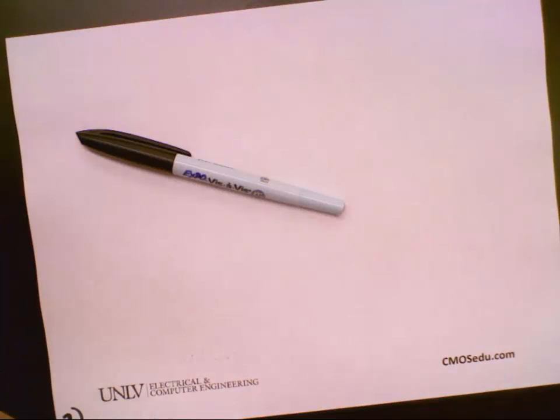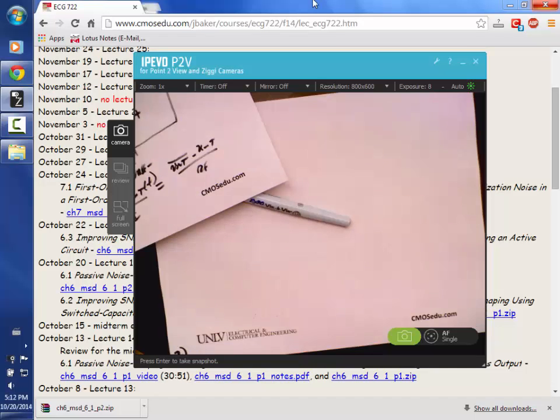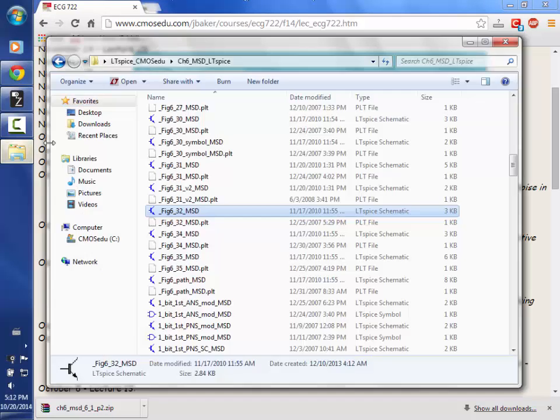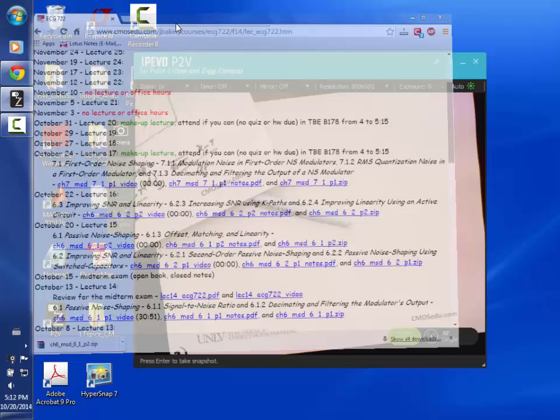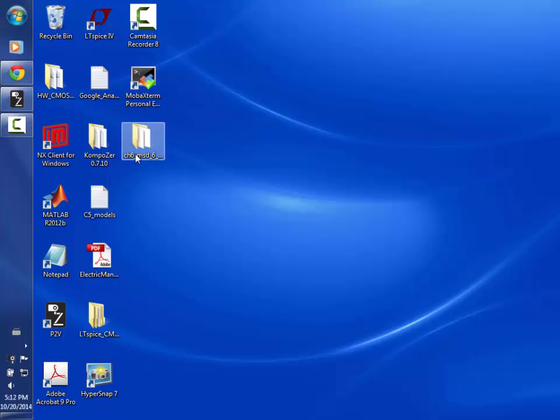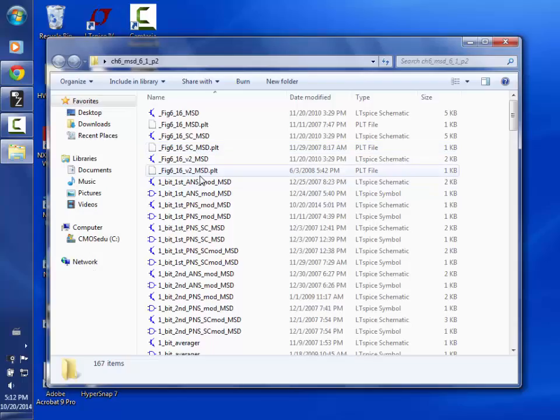So, would you all agree that when I had my... Here, let's just do this. Let's go ahead and pull the sim up and look at it because I saved it. Which one was it?